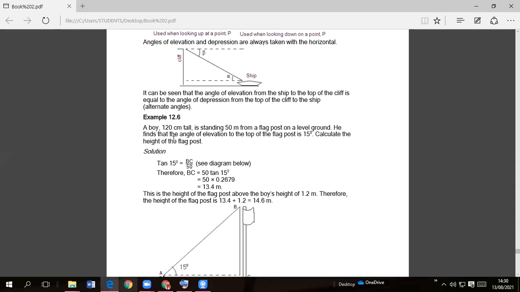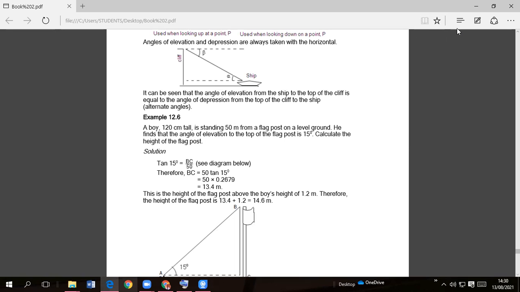He's looking at the flag post which is up, so he's elevating his eyes, which means it must be an angle of elevation. He finds that the angle of elevation to the top of the flag post is 15 degrees. Then calculate the height of the post.